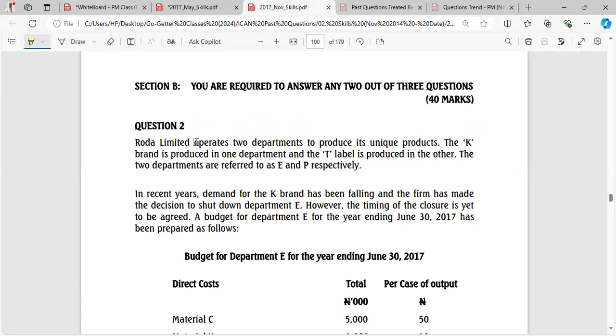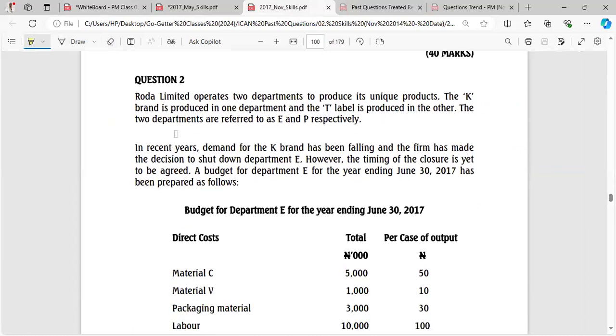Roda Limited operates 2 departments to produce its unique products. The K brand is produced in one department and the T label is produced in the other.